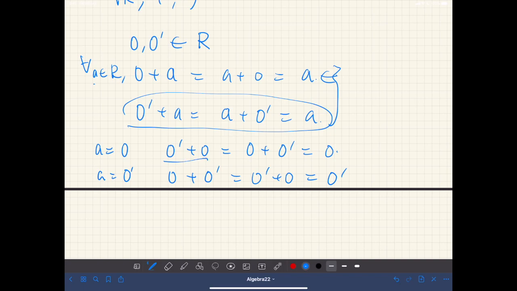So this is equal to this, and of course this is equal to this, so 0 is necessarily equal to 0 prime. So if we have two such elements, they must be identical. This means there is only one element that satisfies this equation, if there's any.